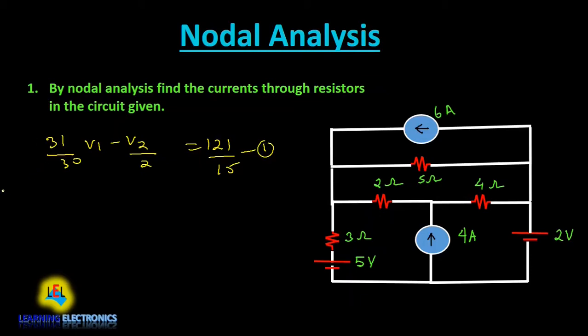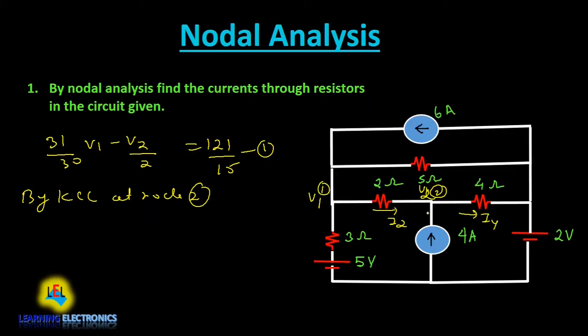Now we apply KCL at node 2. Here the voltage is V2, here the voltage is V1, it is node 1. What are the incoming currents and outgoing currents at node 2? Two currents are coming, that is I2 plus 4 ampere. So the KCL equation is I2 plus 4 is equal to I4.